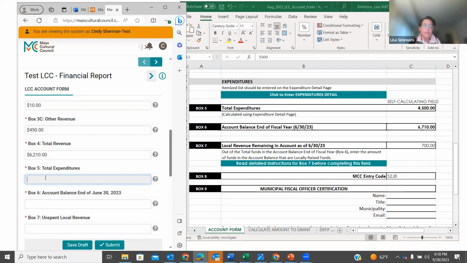In fiscal year 23, we know that we spent $4,500. $4,500 went out of the account to pay grantees. And then the account balance ends up being 6710, right?